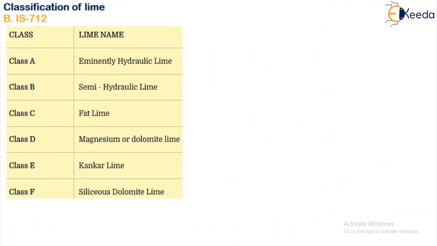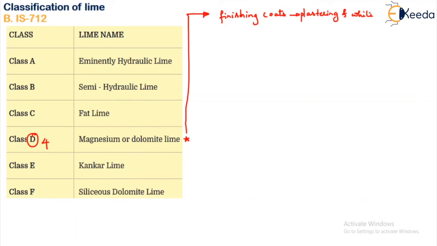Moving on to the class D or the fourth type. So we are using this again for the finishing coats in the plastering as well as whitewashing. So moving on to the characteristics.